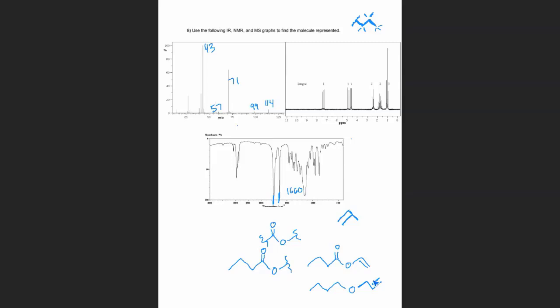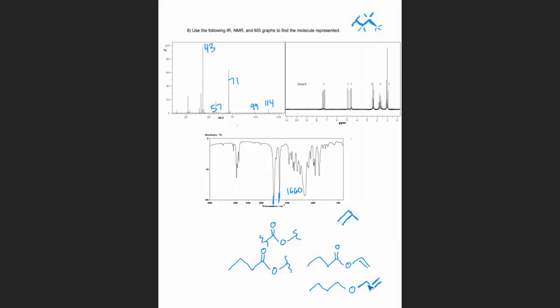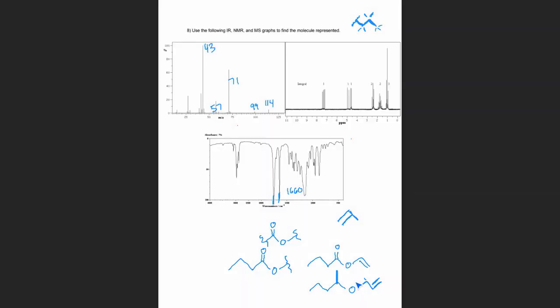If you look at the bottom one, it gives us 2 hydrogens over here, whereas the one on top gives us 3 distinct hydrogens. Because it gives us 3 distinct hydrogens and not 2 that are the same, we could say that this is the molecule that we have.